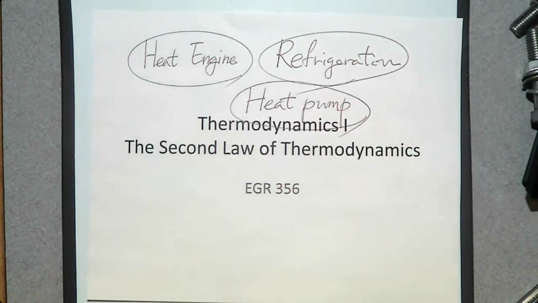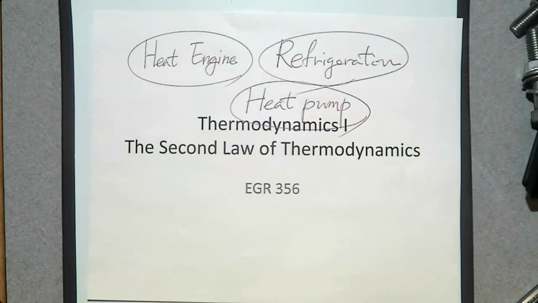It's a theoretical cycle that we use to produce mechanical work. So we use a heat engine cycle when we produce what? Electricity. The Rankine cycle that we showed earlier today is a very good example of a heat engine cycle.